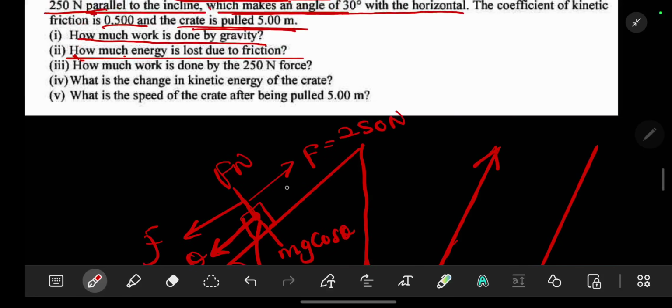So remember, our force is not at an angle. If our force was like this, then we would need to split this into components, F cosine of, let's say, the angle, if it was 30 degrees and all that, but we are not going to do that simply because that's not how it is.